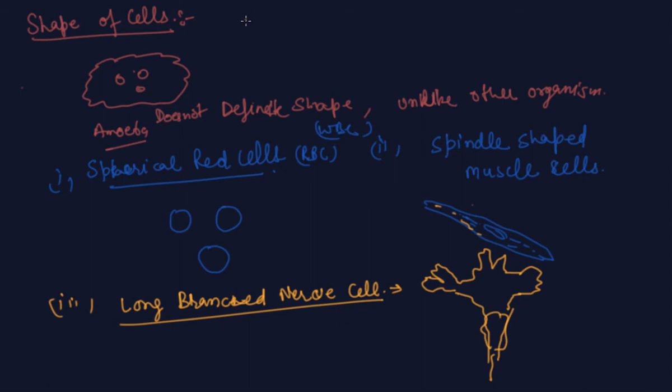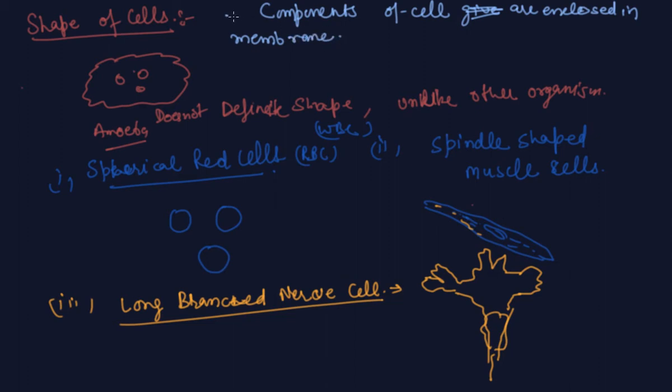The components of the cell are enclosed in a membrane, which gives shape to the cell. So students, this membrane provides shape to the cell.